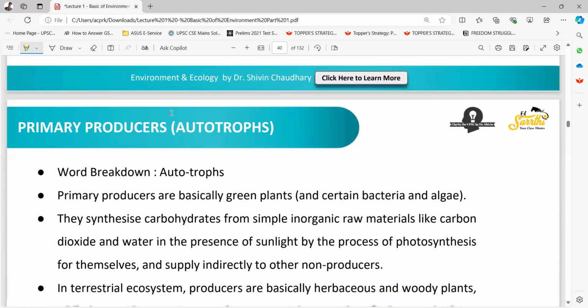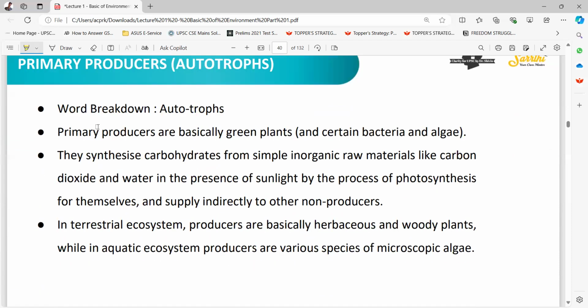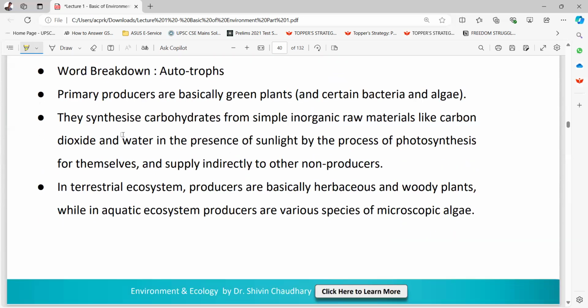Primary producers, which are known as autotrophs. Word breakdown: autotrophs. Primary producers are basically green plants and certain bacteria and algae. They synthesize carbohydrates from simple inorganic raw materials like carbon dioxide and water in the presence of sunlight by the process of photosynthesis for themselves and supply indirectly to other non-producers.